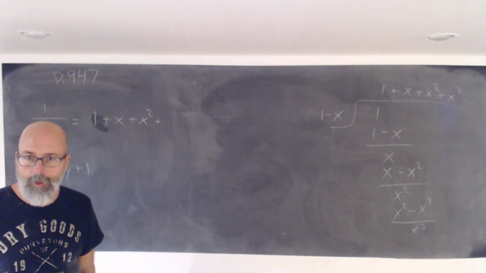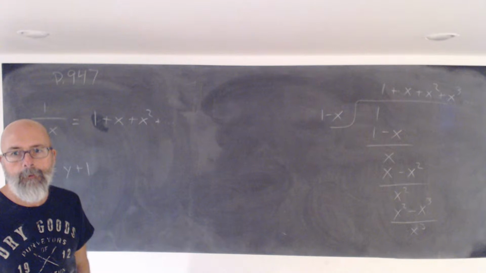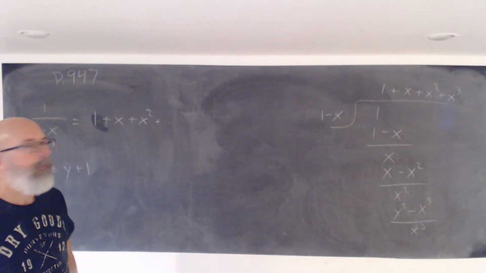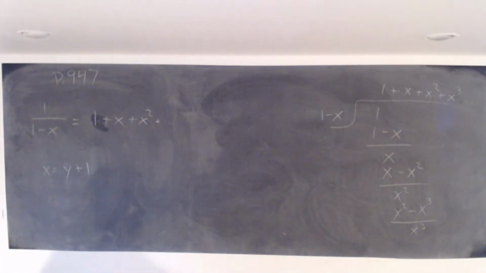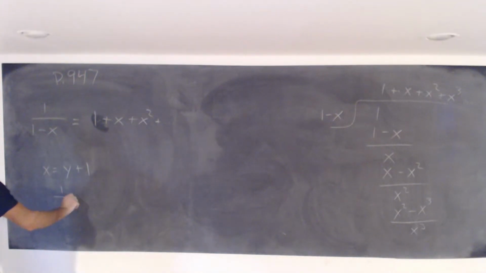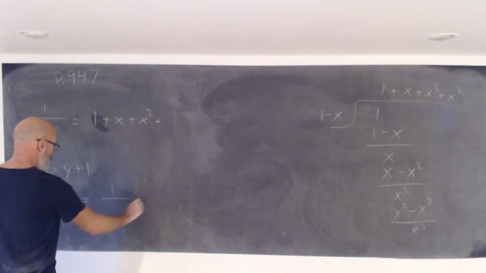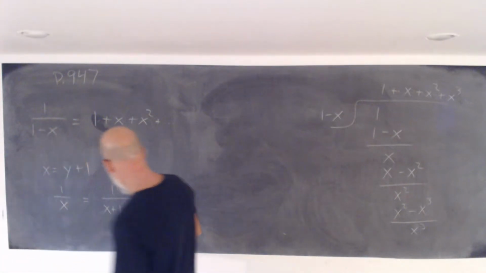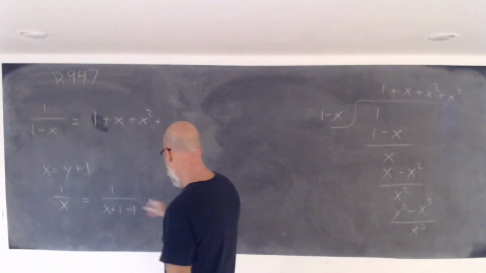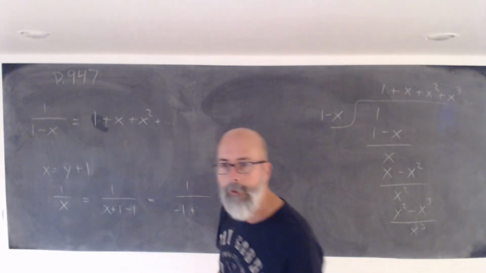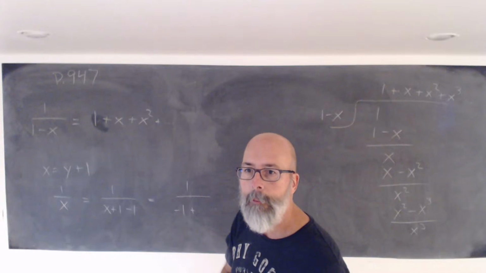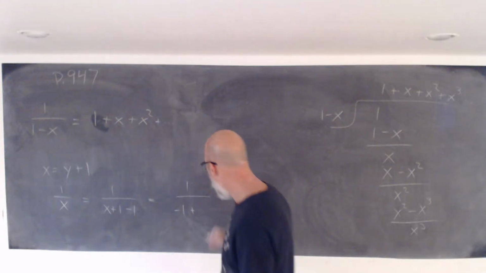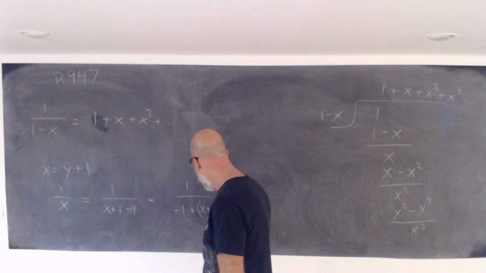Yeah, Vineet, I'm not sure where you're going with this. Well, let me think ahead. Perhaps you're saying that 1 over x can be written as 1 over x plus 1 minus 1, which is 1 over minus 1 plus, it's the x plus 1 you want to group together.